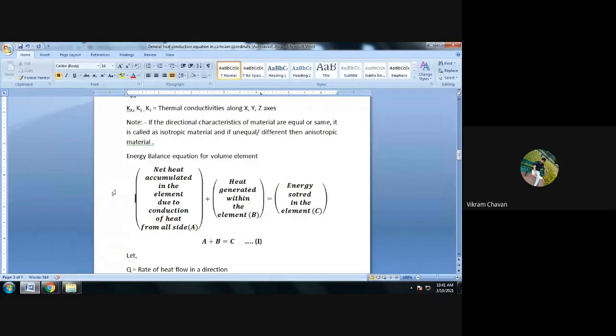Write down in the first bracket: net heat accumulated in the element due to conduction of heat from all sides. Okay, in small bracket give the nomenclature capital A, so that will be considered as part A of the equation.